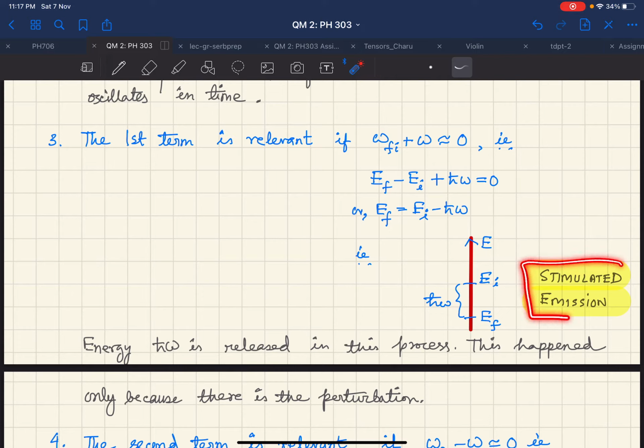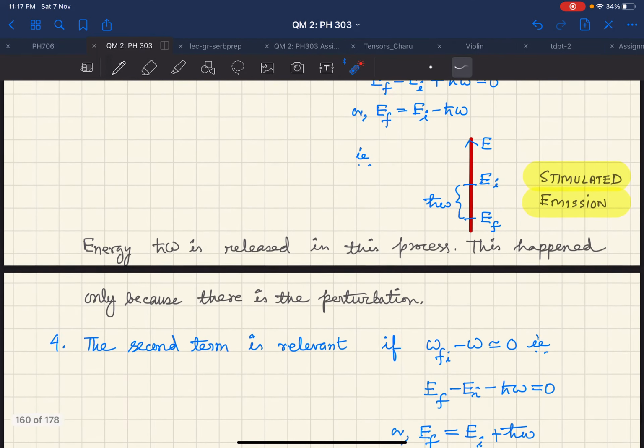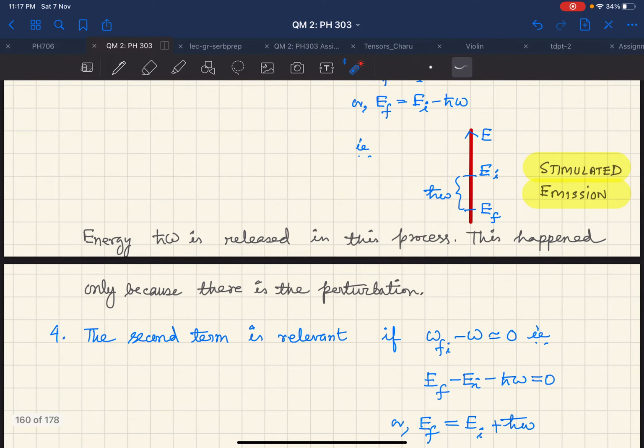The process is known as stimulated emission. What happens here is that some photon comes, it basically lowers the excited state atom to some lower state, and as a result some other photon is also released. I will come to a pictorial description of this thing soon.